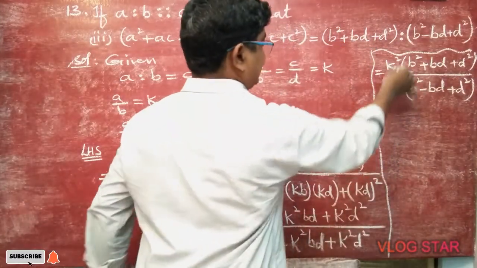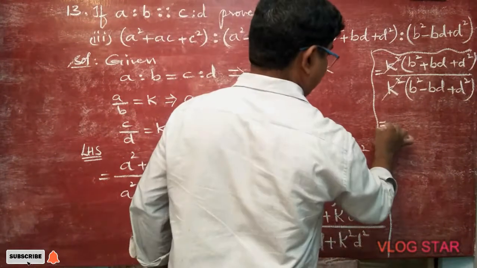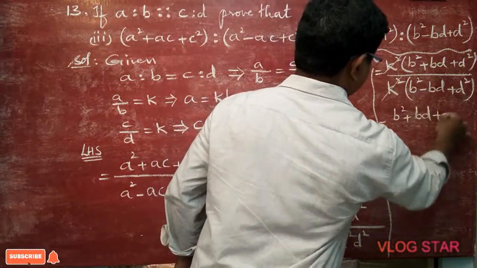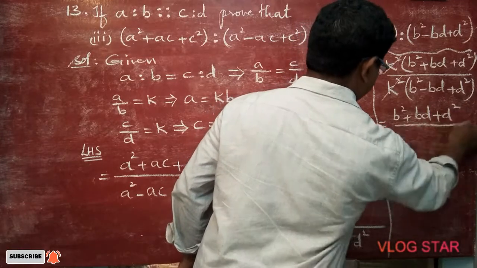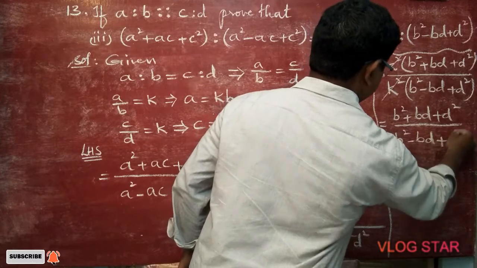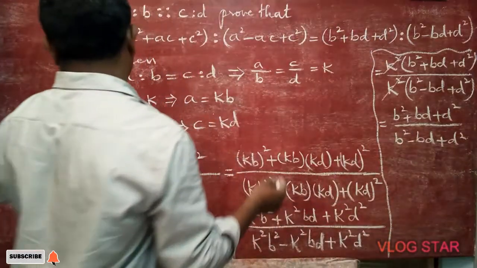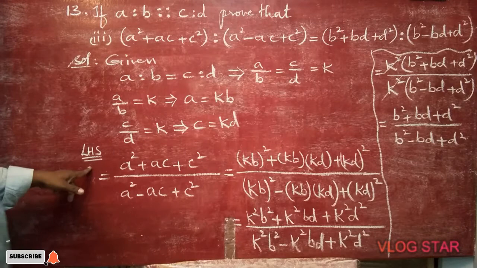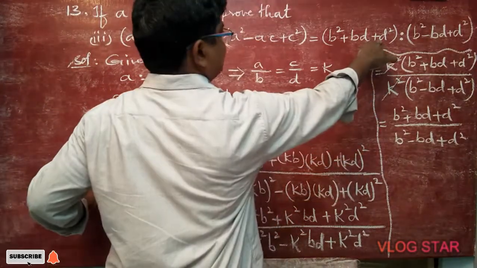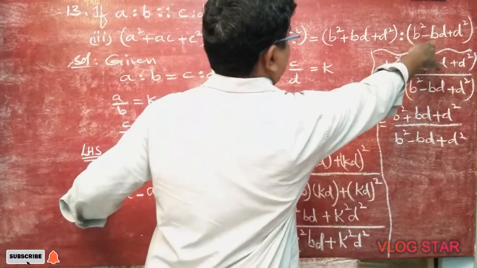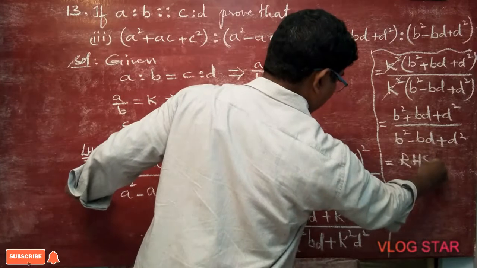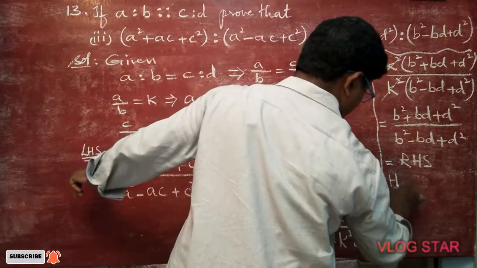Now K square cancel. What is remaining? B square plus BD plus D square by B square minus BD plus D square. We started with LHS. We came to RHS. That only we got, which is equal to RHS. They told us to prove that. So hence proved.